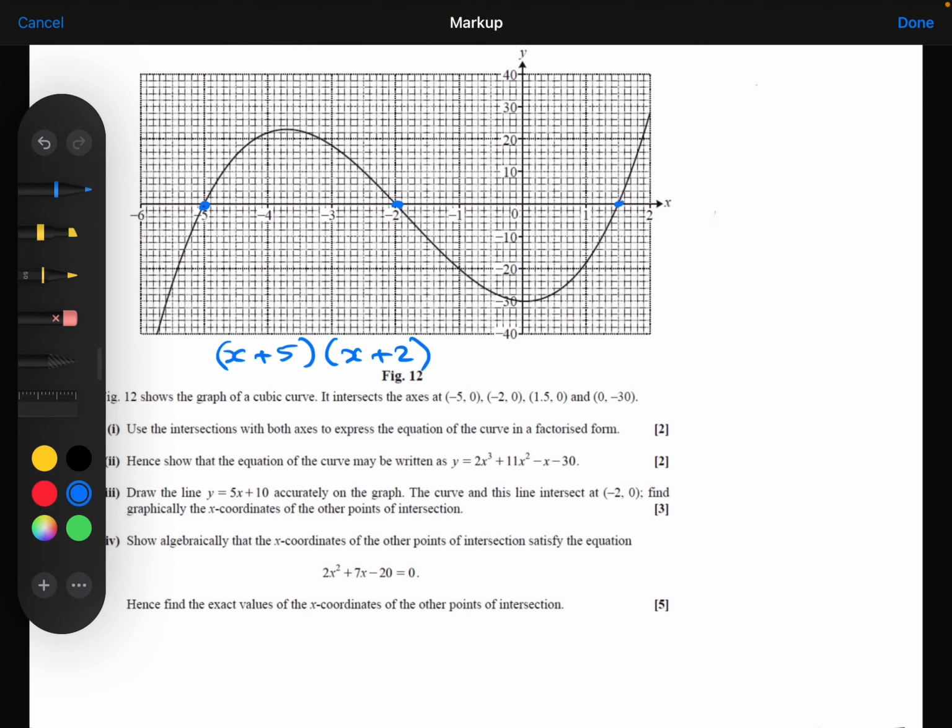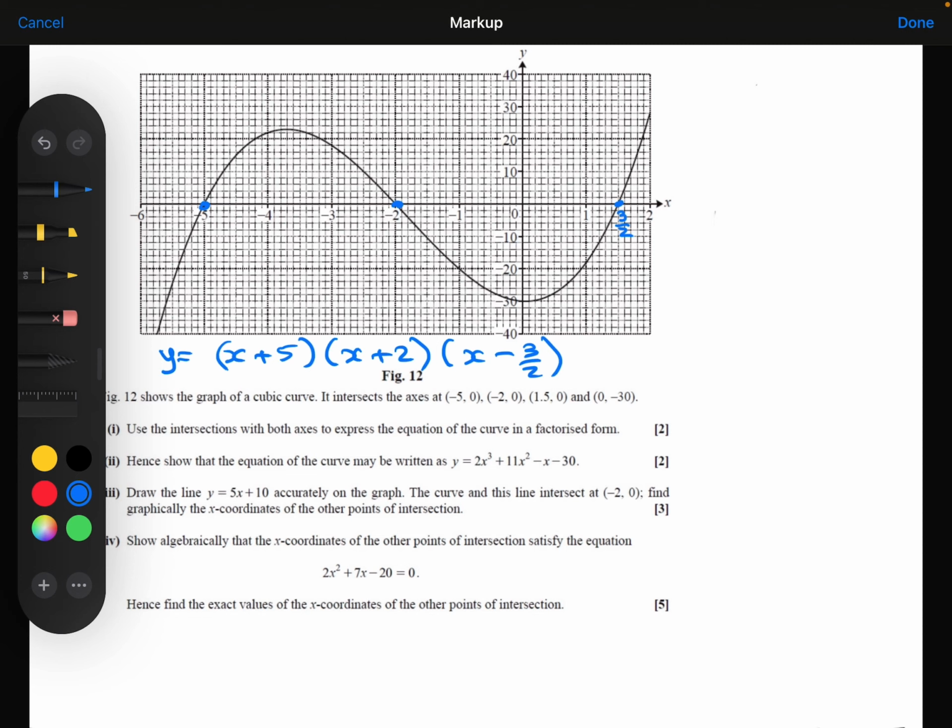And if 1.5 is a root, or instead of writing 1.5, I prefer to write 3/2 as a fraction, which is the same thing, then x minus 3/2 is a factor. So that might make me think that I could write my cubic curve for y as that.